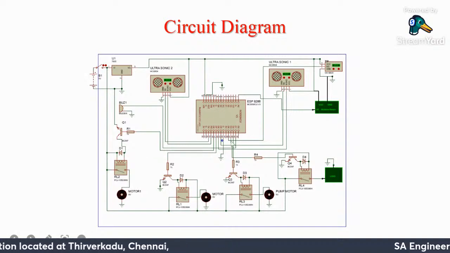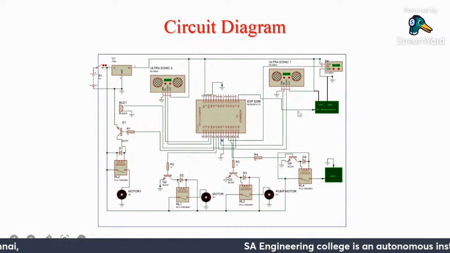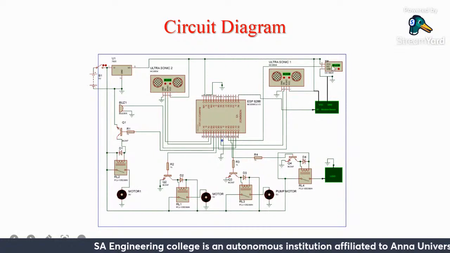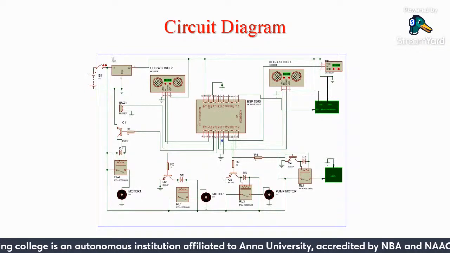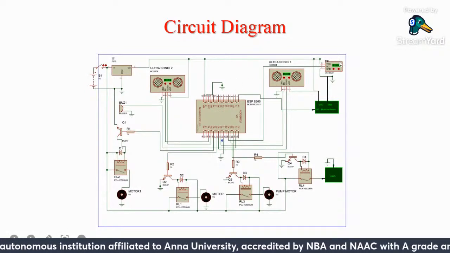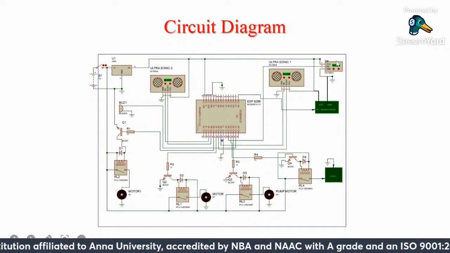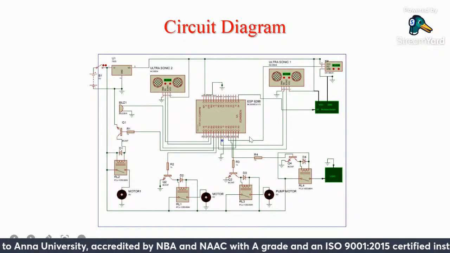Then I'm powering the moisture sensor and temperature sensor also. For the temperature sensor we can use either 3.3 volt to 5 volt, so giving 5 volts to it is not a big issue.